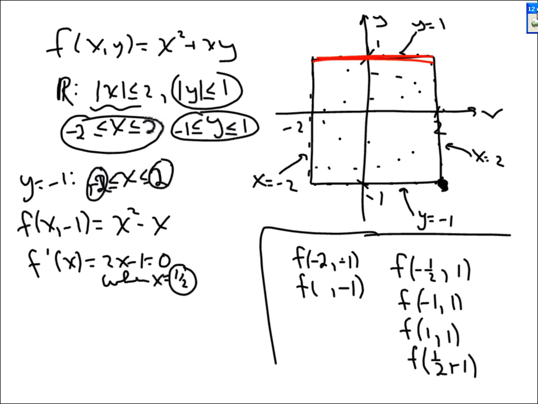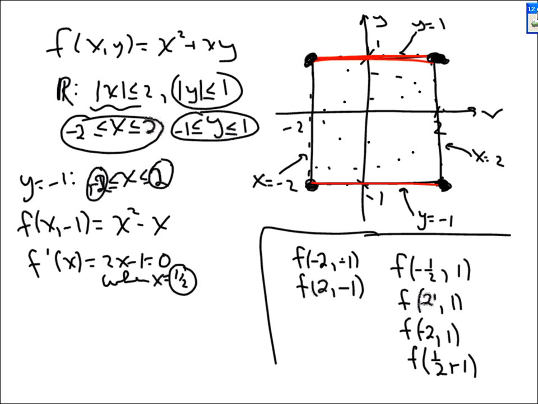Negative 2, negative 1 is one endpoint, and 2, negative 1 is the other. Same thing with the top line in red. X could have gone from 2 to negative 2: positive 2, 1, negative 2, 1. The endpoints. Okay, we just talked about that line.